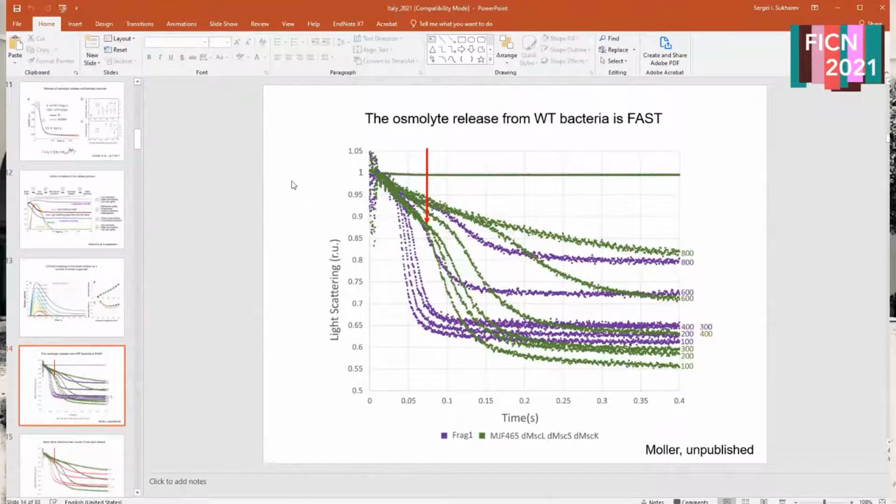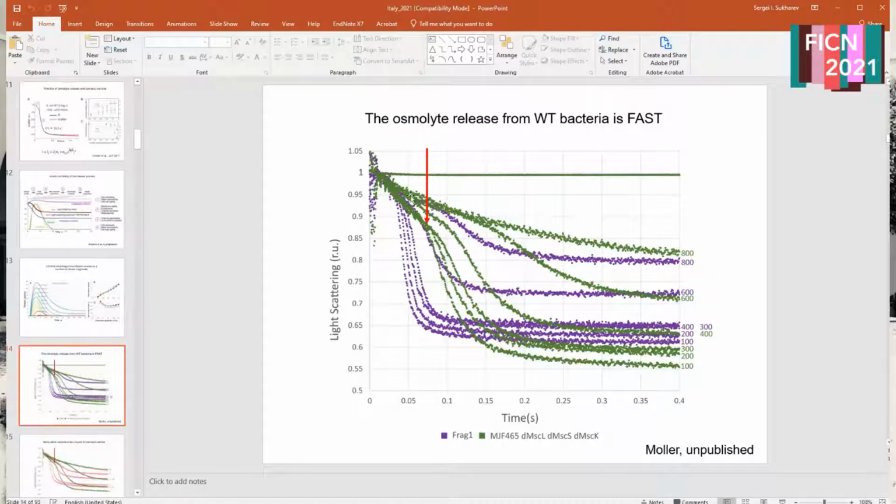So here is the actual trace. The green traces are taken on the triple knockout, delta MscL, delta MscS, delta MscK. So these bugs are essentially helpless. They have no chance to release osmolytes quickly. And the purple traces are the wild type.